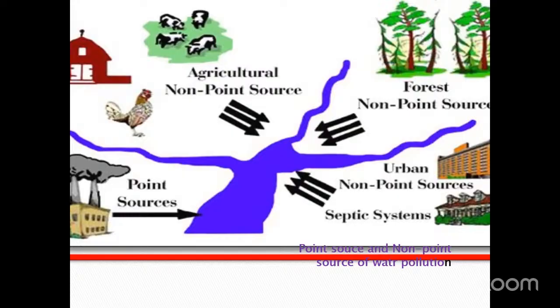And runoff from dump yards or landfills, runoff from lawns, runoff from urban streets, runoff from different areas. There is no specific area. If the wastewater discharges from various sources into a nearby water body, it is called non-point source of water pollution.